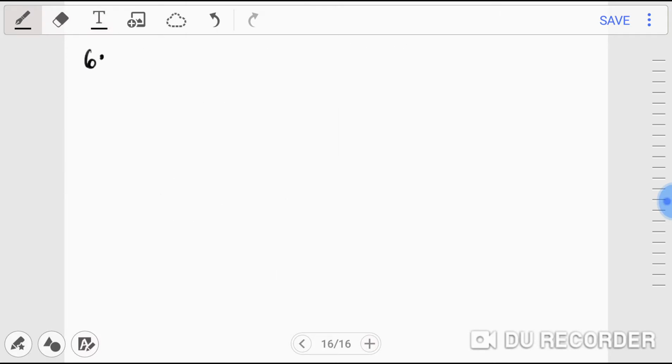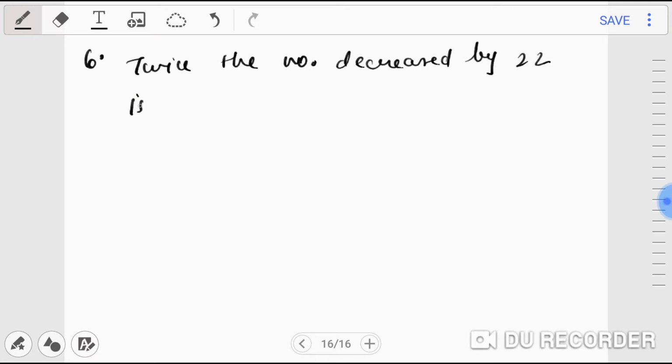Problem number 6, we have twice the number decreased by 22 is 48. So twice the number, 2x, when it is decreased by 22, it becomes 48.